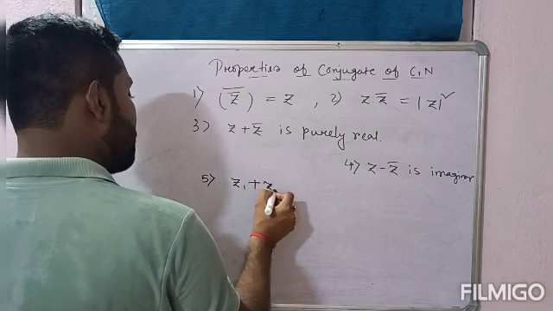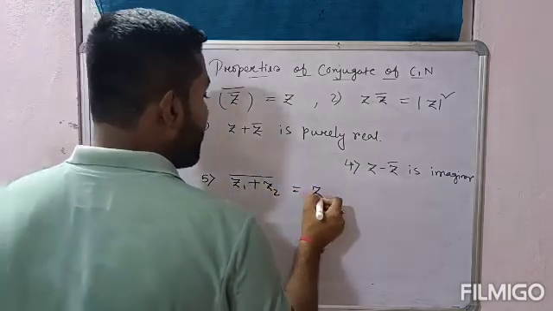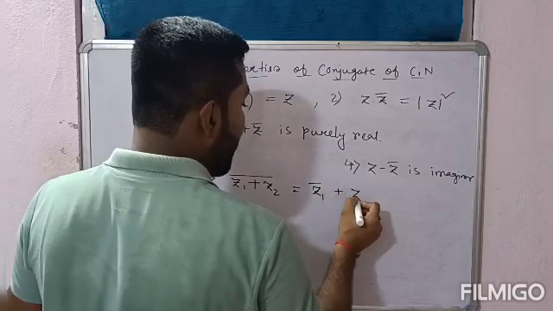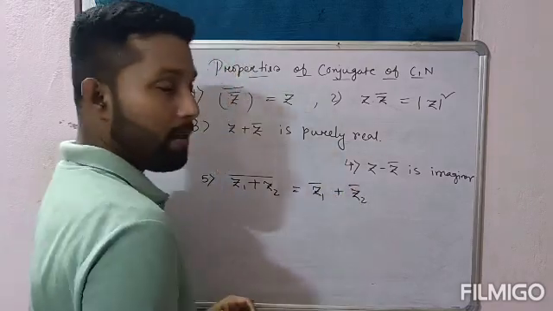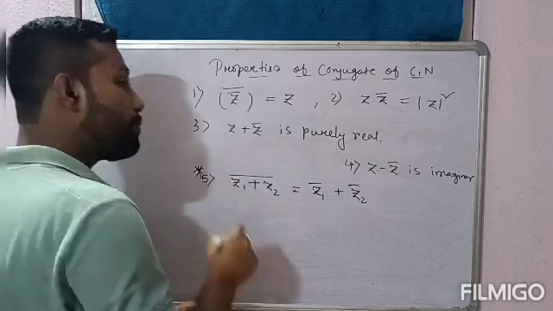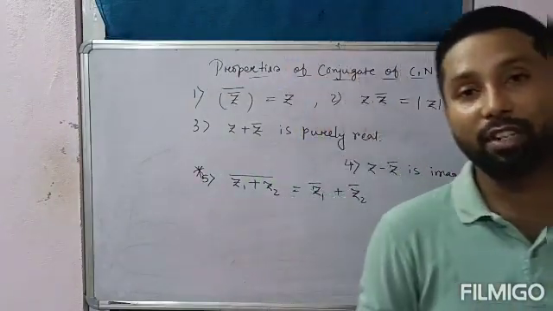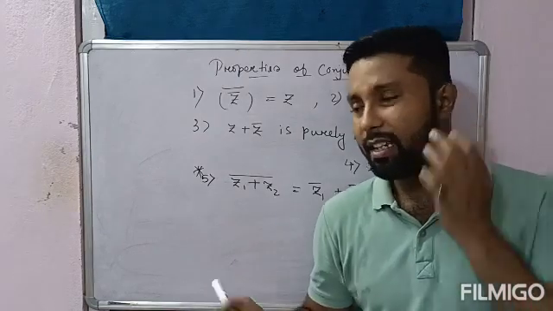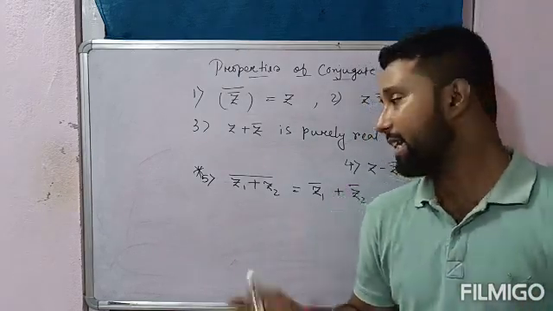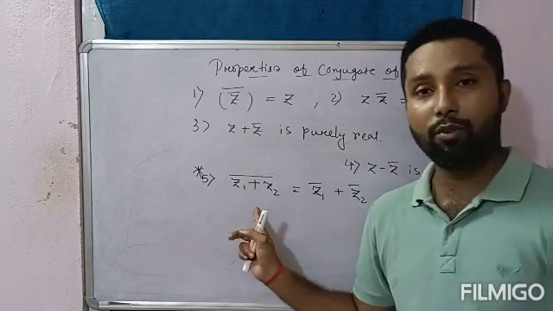Property number 5: Z1 plus Z2 whole bar is equal to Z1 bar plus Z2 bar. Try to prove this one. I am not going to give the derivation, you just try to prove it. It's easy only. Look here, I have taken two different complex numbers.